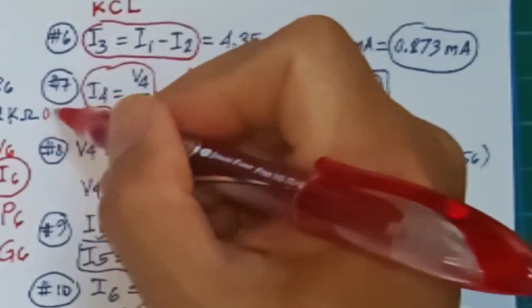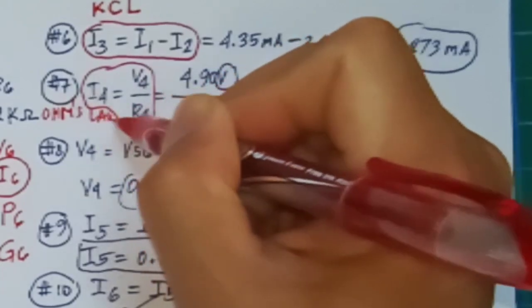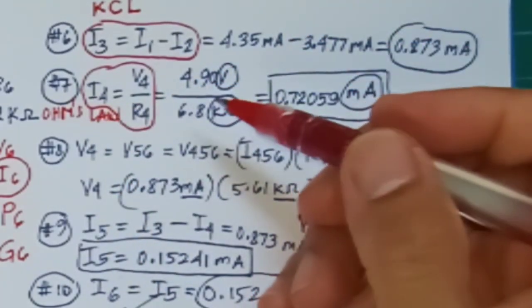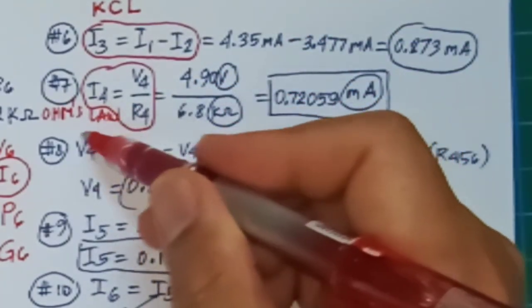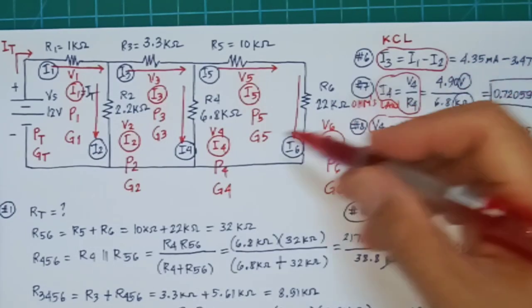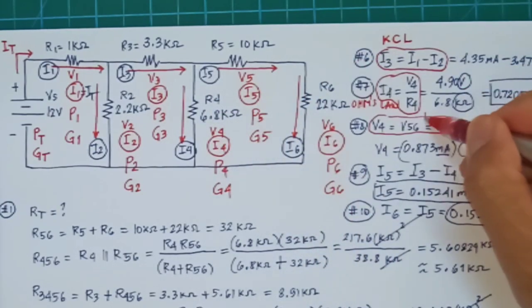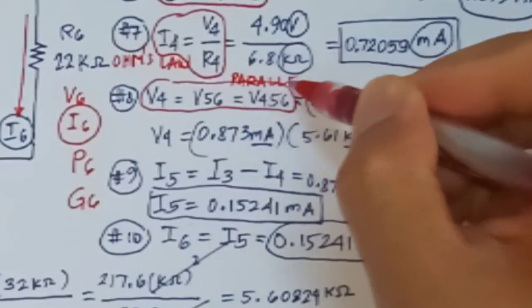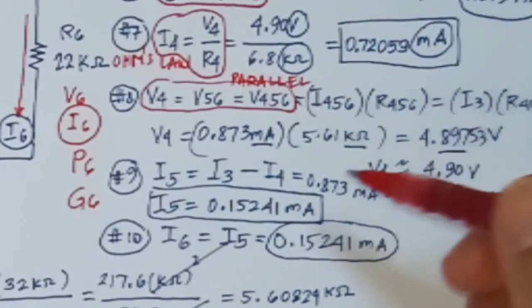And this one we used Ohm's law. Here we followed the rule for parallel. V4 equals V56, and it's also equal to V456. That's the rule for parallel.